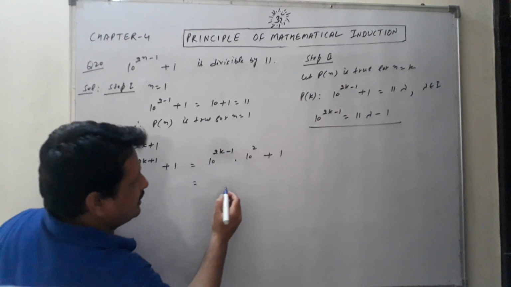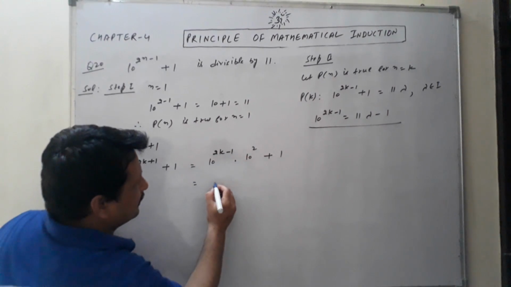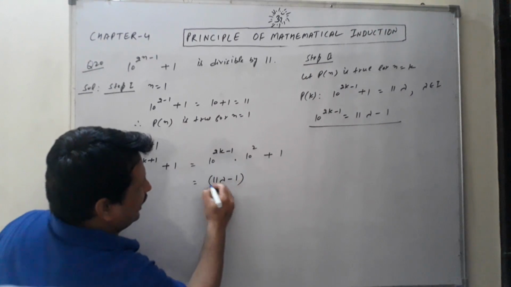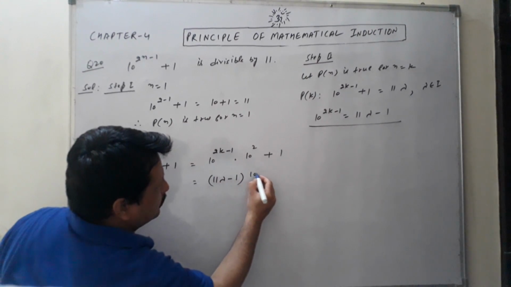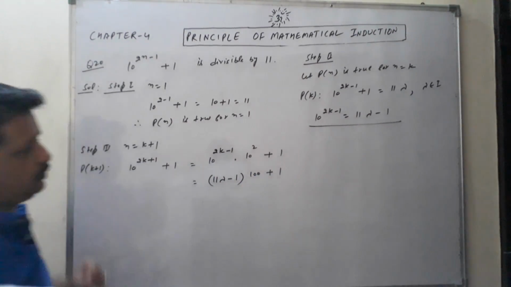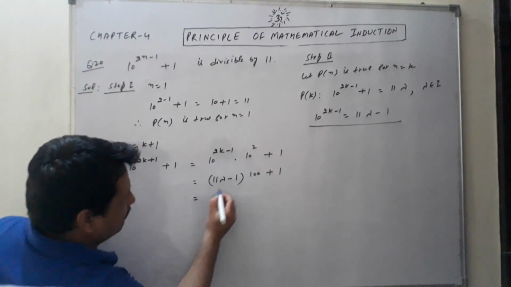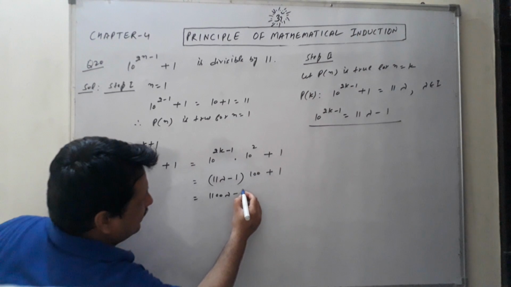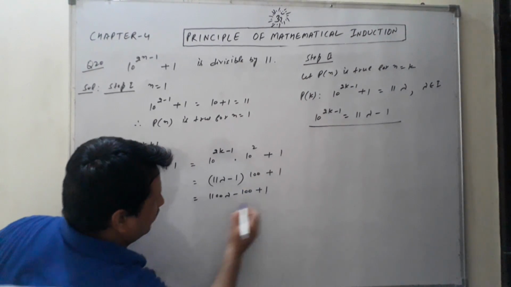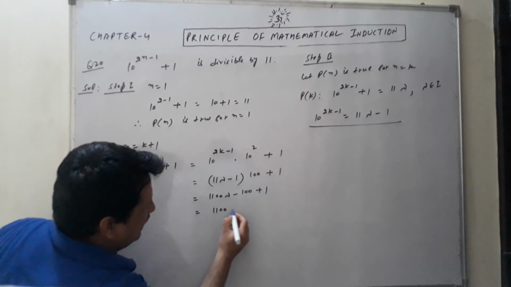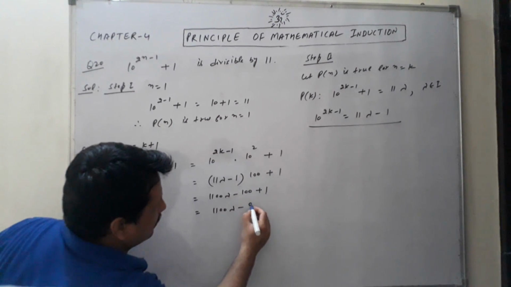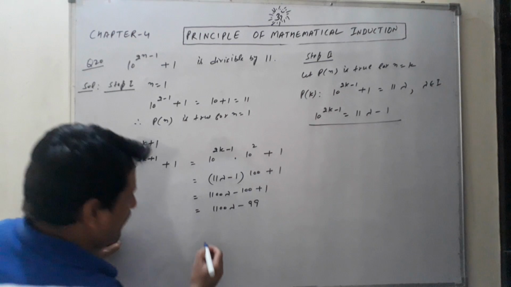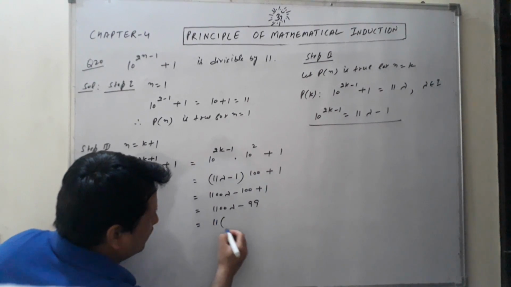So now its value is 11 lambda minus 1 into 10 to the power 2, that is 100, plus 1, students. Now we multiply it: 1100 lambda minus 100 plus 1, and this is 1100 lambda minus 99, students, and we have achieved our target, because 11 is common there.